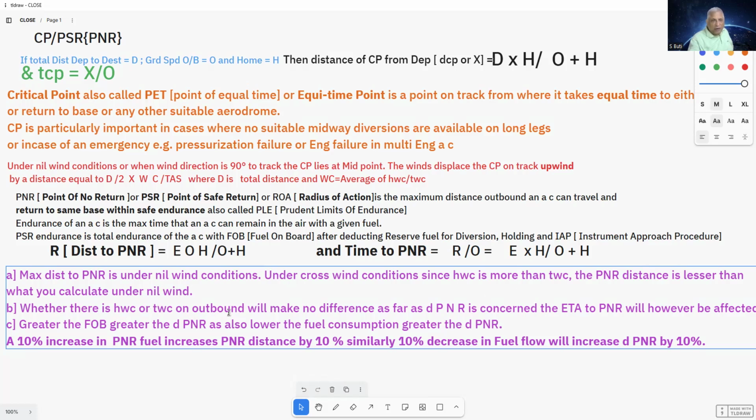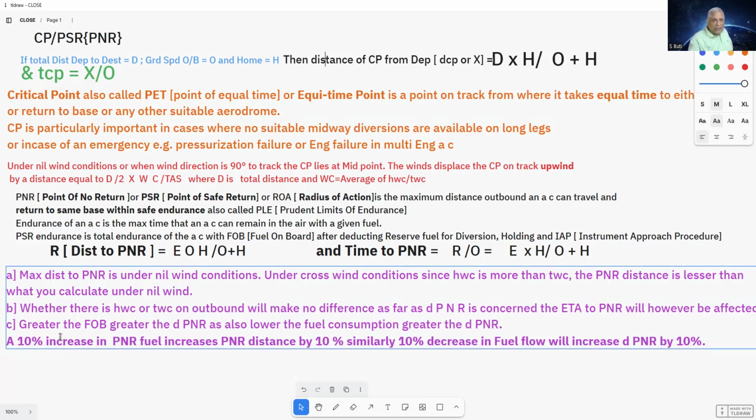Whether there is a headwind or the tailwind on the outbound or inbound, as long as the amount of wind remains same, the distance to PNR will remain same, but the ETA will be affected. If there's a tailwind on the outbound, remember there'll be headwind on the inbound, so your ETA will be less. And if there's headwind on the outbound, your ETA will be after a longer time.